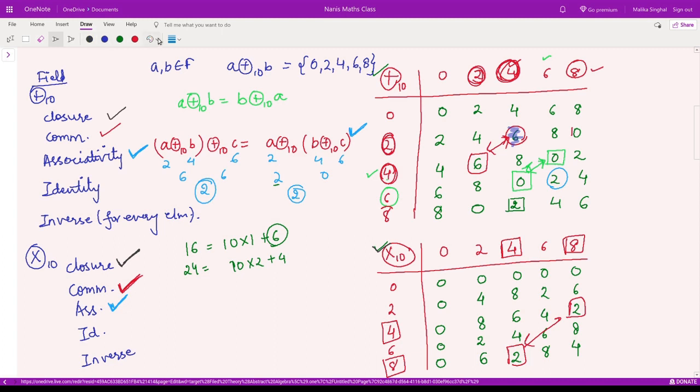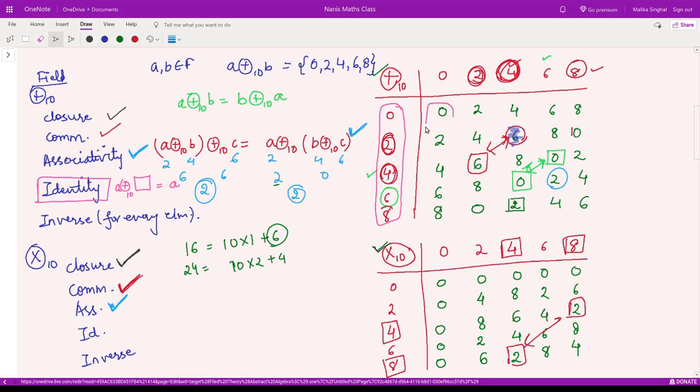Next we have to identify the identity element of this group, right? So let us see that. What we are looking for, for identity, is that particular element which gives me again a, right? Is there any element for which this particular column is exactly the same as the column over here?